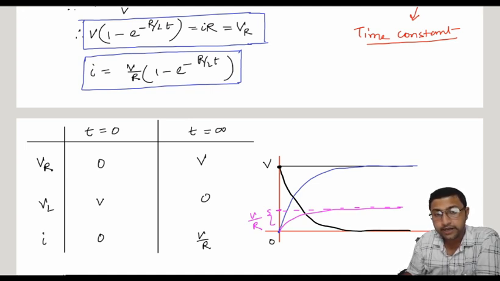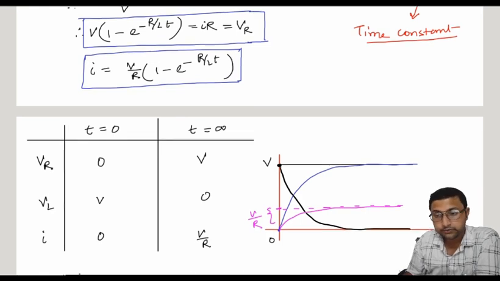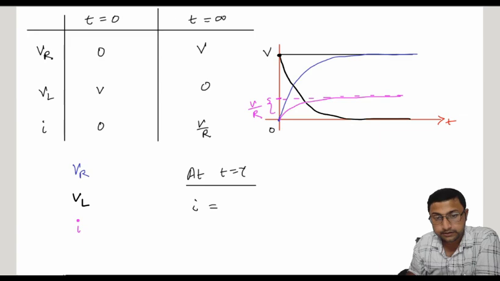So I equals V by R into 1 minus 1 by e, which is approximately 63.2% of V by R.